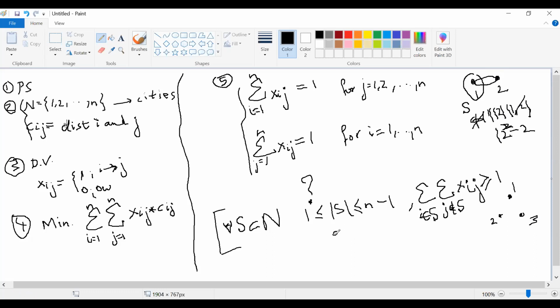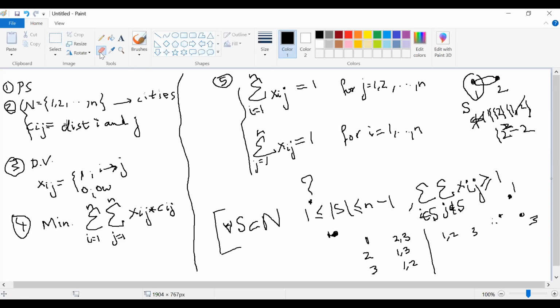I can have city 1 in S and cities 2 and 3 not in S, or city 2 in S and cities 1 and 3 not in S, or city 3 in S and cities 1 and 2 not in S. Other than this, I can also have cities 1 and 2 in S and city 3 not in S.